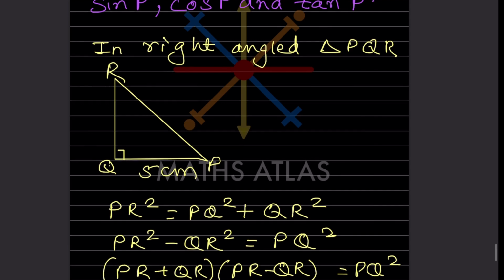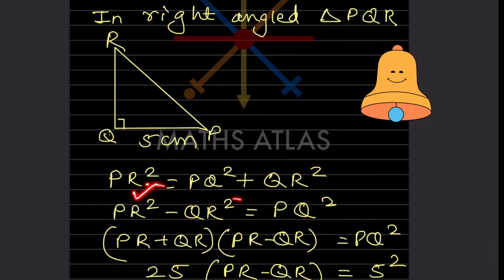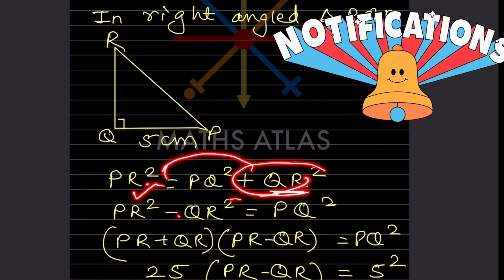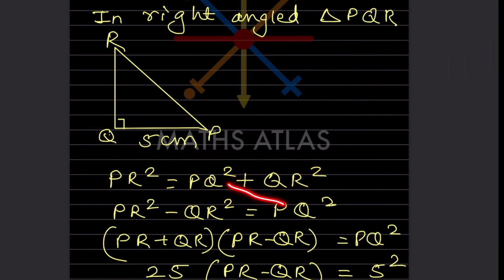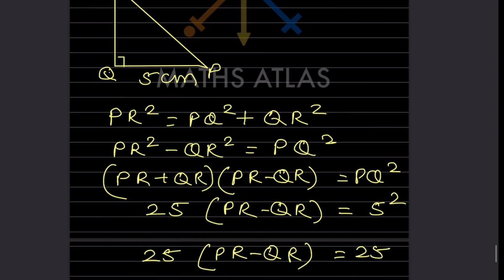When we rearrange this, if we bring this QR square to the other side, it is going to be minus, and PQ square is on the right hand side itself. Why are we doing this? Because we have PR plus QR, can you see? We have PR plus QR, but here it is minus.